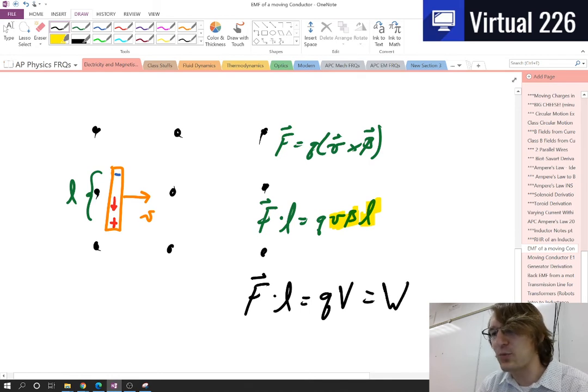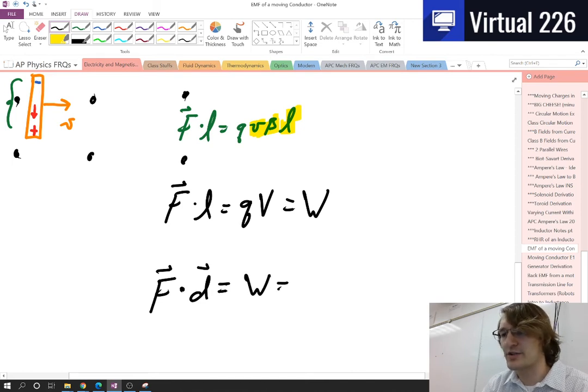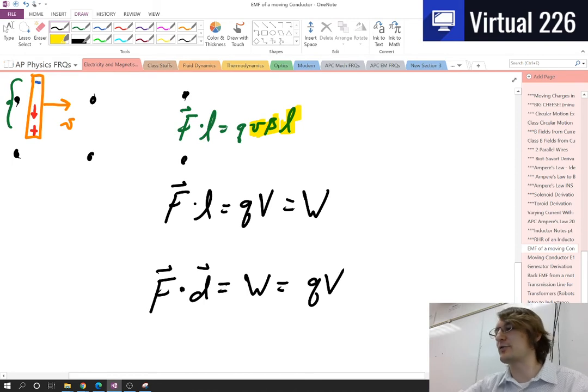We know this is work. If this is FL, last year we learned this as F dot D, which is work, which this year when we talked about electrostatics we saw as QV, with the only caveat being that our EMF is generated in the opposite direction.